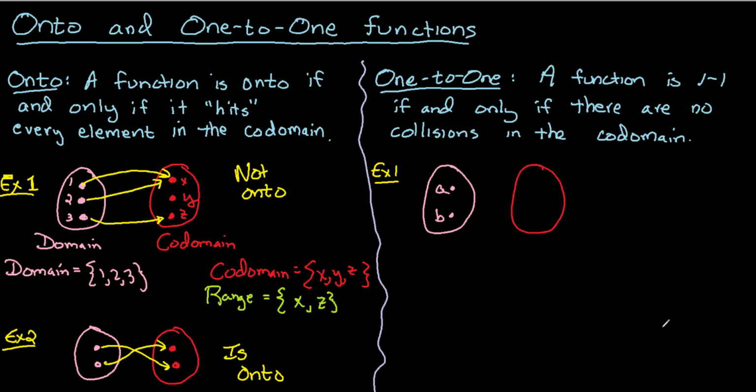So let's take a look at an example. Suppose I have elements A and B in my domain, and now I apply a function called f. I take A and apply f, and that gives me f of A.